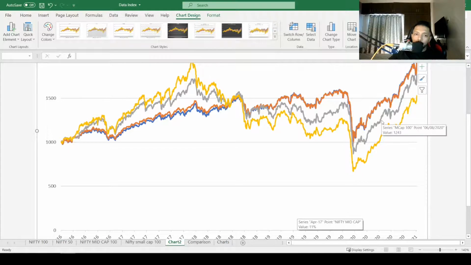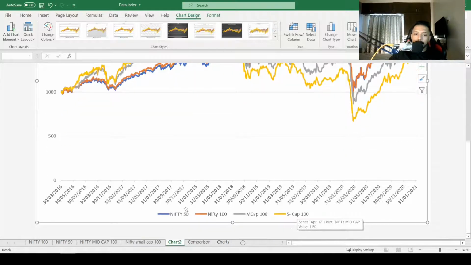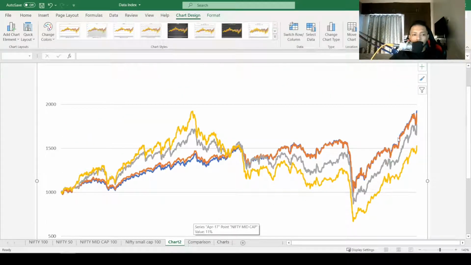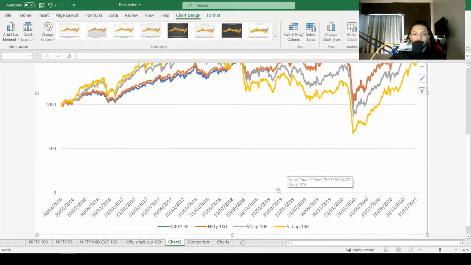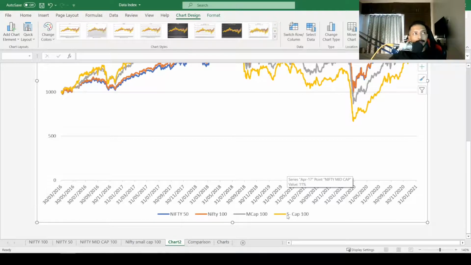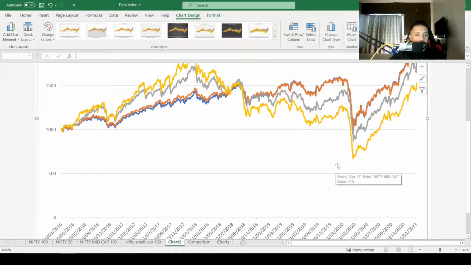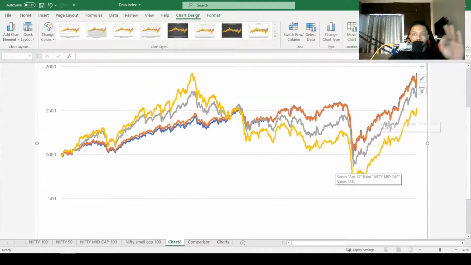Okay. So basically, it is the larger companies, Nifty 50 and Nifty 100, the 100 biggest companies, that are actually giving you more value than probably the higher risk companies, right? So smaller cap was supposed to give you more returns, right? Unfortunately, they're not, right? At least this chart is telling us that. Okay. So that is one insight.